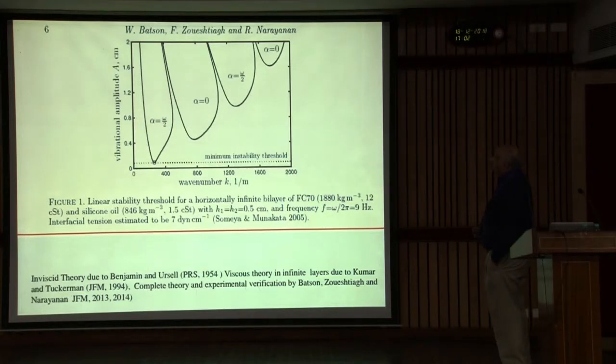So the type of result that you get is that of a critical amplitude, and from this linear stability result is a critical amplitude versus a wave number. Now, of course, when you have an unbounded system, it is the lowest point, i.e. the minimum here, which corresponds to a subharmonic given by 1/2 omega that will trigger first.